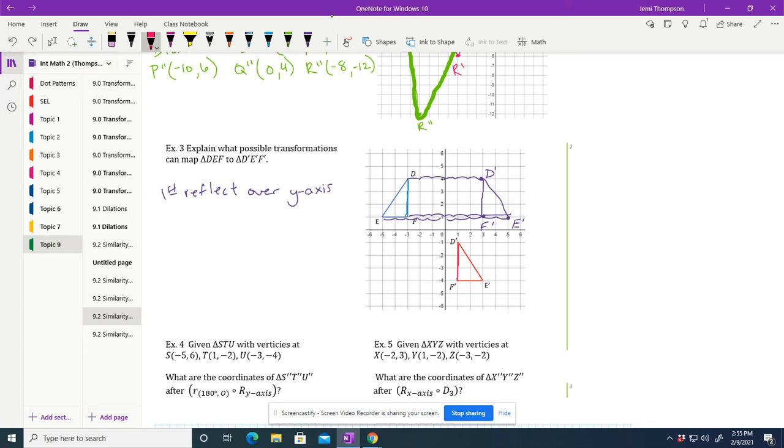So to get from my purple D to my red D, I'm going to go left 2, and then I'm going to slide down 1, 2, 3, 4, 5.